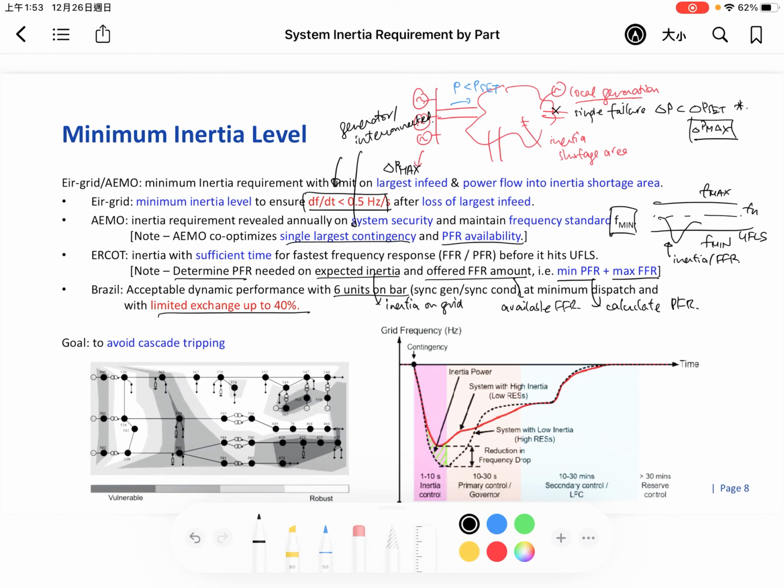Of course, you may say that ERCOT or ENTSO-E try to do some kind of monitoring, such that the critical inertia is still measured and monitored and they try not to violate it. But the problem is that the system operator may not know what it means, and may not know if it is important or not.